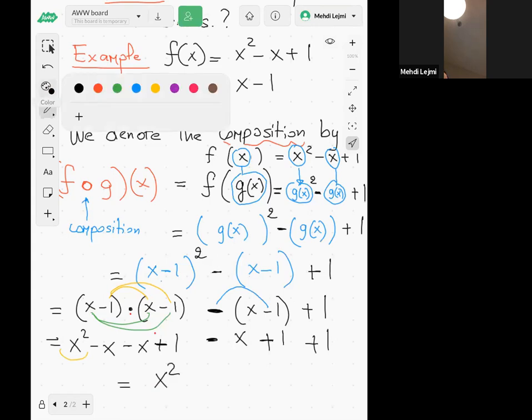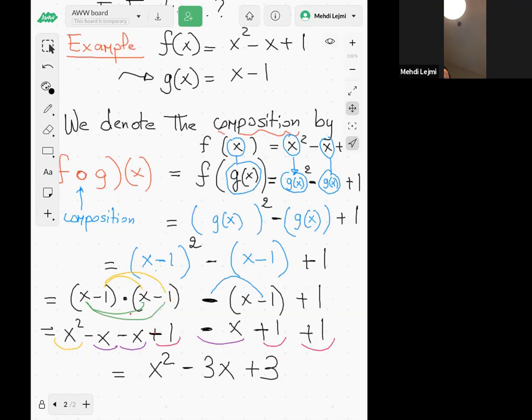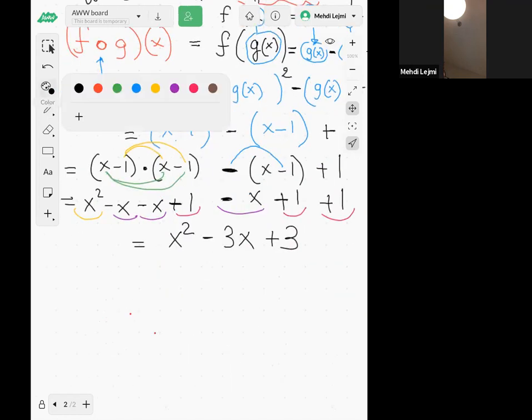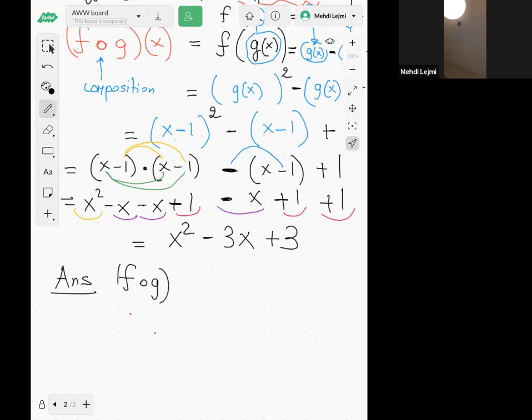How many x's? Minus x, minus x, minus x, so that'll be minus 3x. And what about the constant? We have plus 1, plus 1, plus 1, so that will be plus 3. So the answer, f composed with g of x, is x squared minus 3x plus 3.